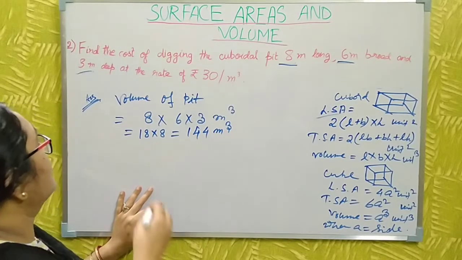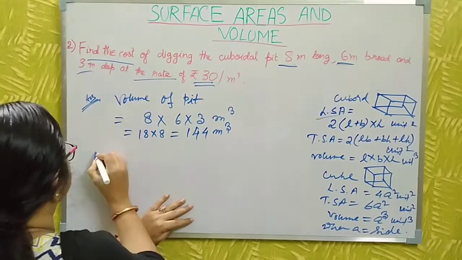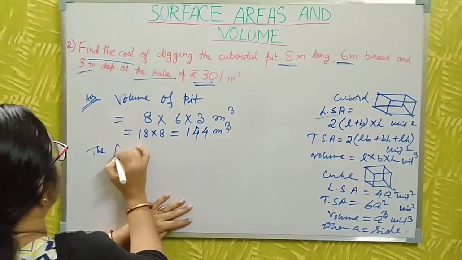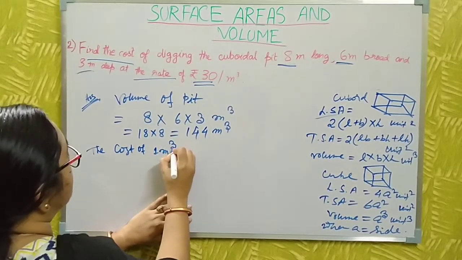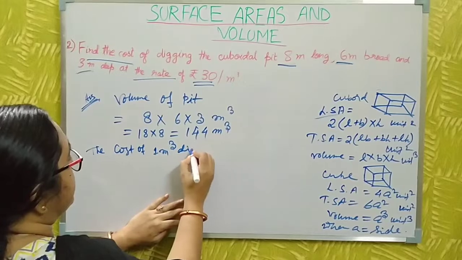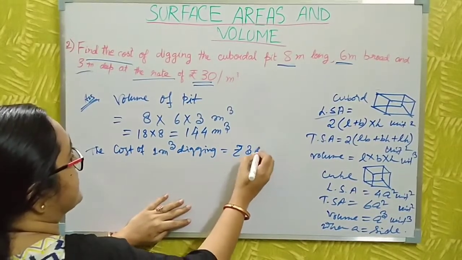Okay, now you just find the rate of cost. The cost of 1 meter cube digging is rupees 30.